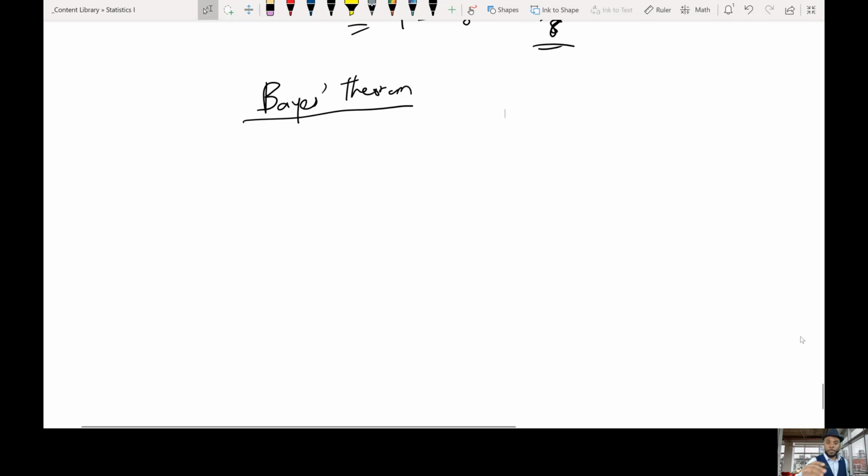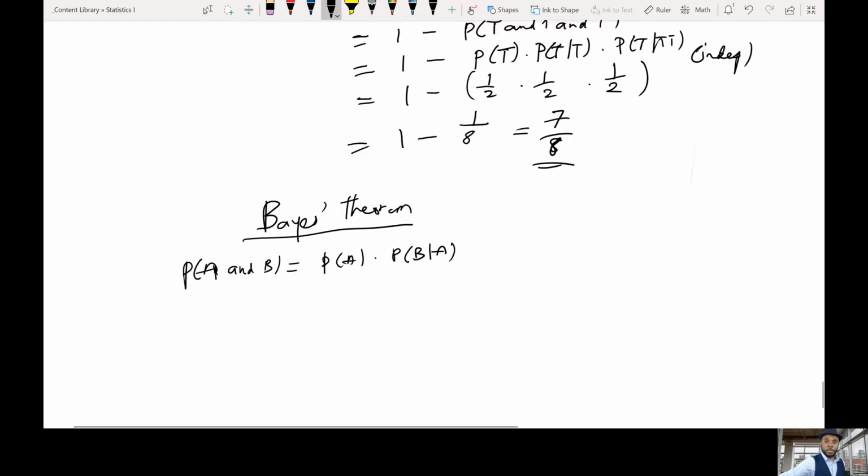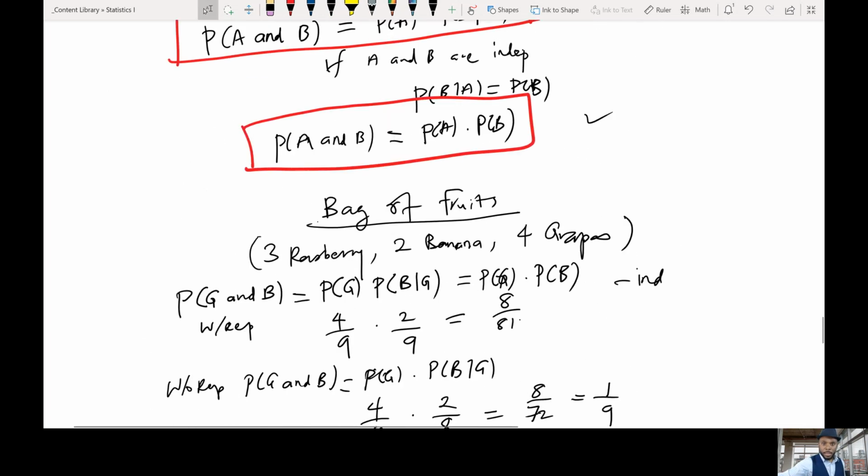So let's review conditional probability. Remember that the probability of B given A is equal to what? Put it this way. The probability of A occurring and then B occurring is equal to the probability of A times the probability of B given A. This is what we saw from the conditional probability, which we established some videos above.